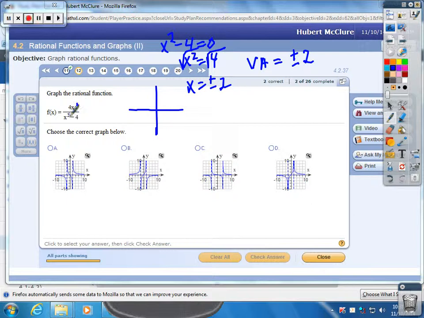This is 2. What happens when this is less than this? The horizontal asymptote is 0. Exactly. Good. So our horizontal asymptote is equal to 0. You've got to know those rules on page 279.